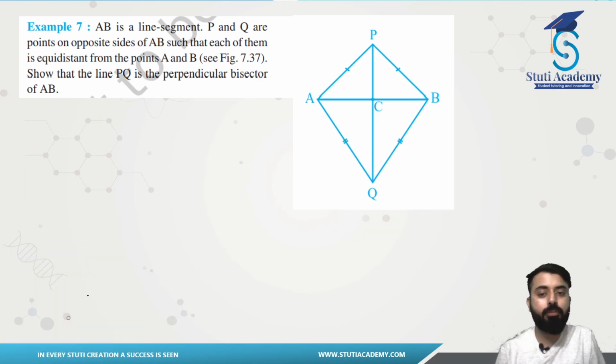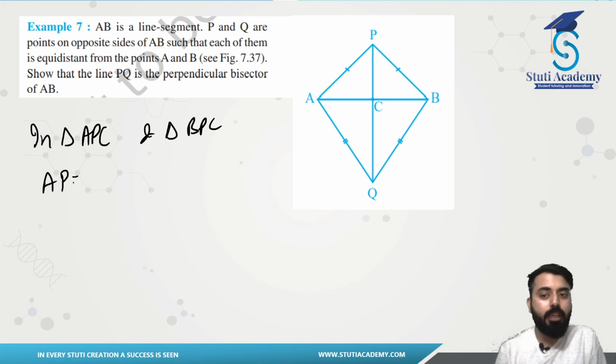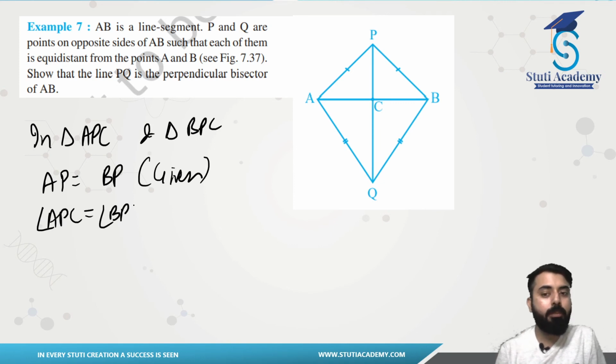Now I'm going to erase this one. So in triangle APC now and triangle BPC now, you guys see, AP is equal to BP, already given. This is given, right? And I know angle APC is equal to angle BPC. This is proven, right?